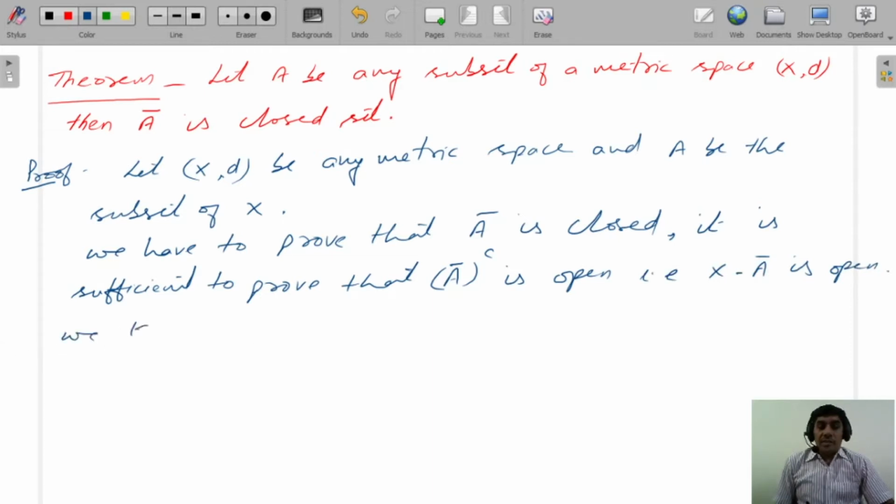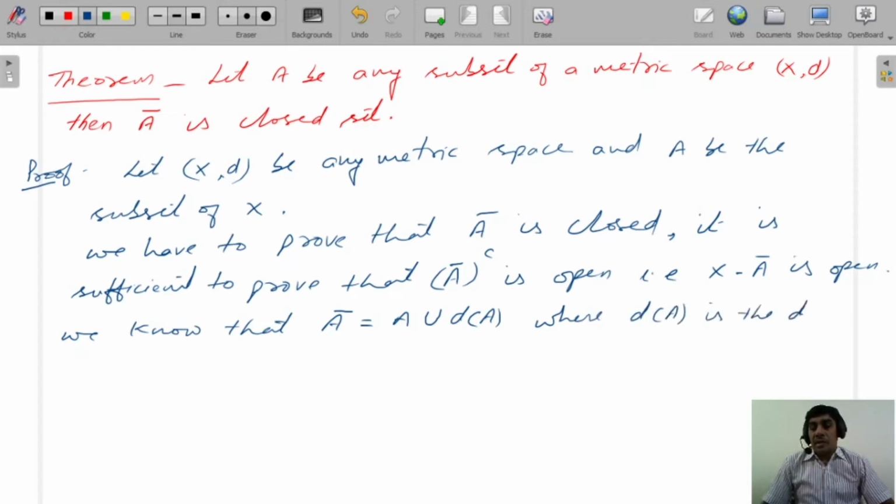We know that A closure is equal to A union D of A, where D of A is the derived set of A, that means the collection of all limit points of A. Suppose x belongs to X minus A closure.